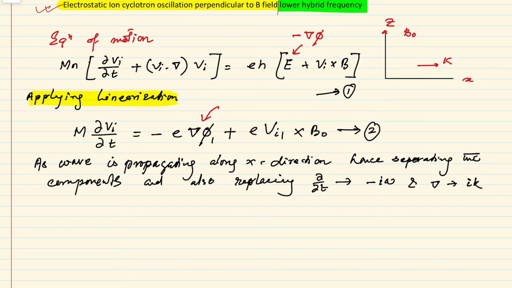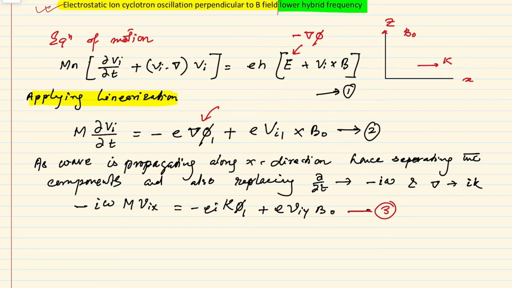Then for the x component we get minus i omega M vix is equal to minus e ik phi 1 plus e viy B naught. This is equation number 3.